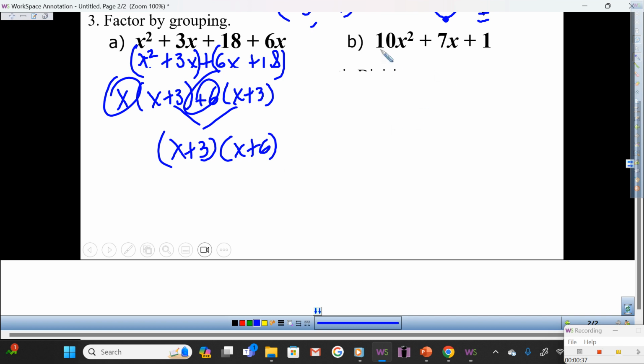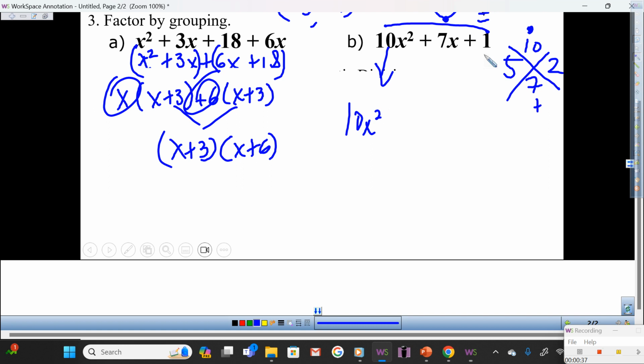Yeah, some of us. Number 3b, once again, for the sake of time, 10 times 1 is 10, and the middle term is 7. What two numbers multiply to give me 10, and when you add them, give us 7? 5 and 2. So I bring the 10x squared down, the plus 1. And instead of 7, I'm going to do 5 and 2. 5x and 2x.